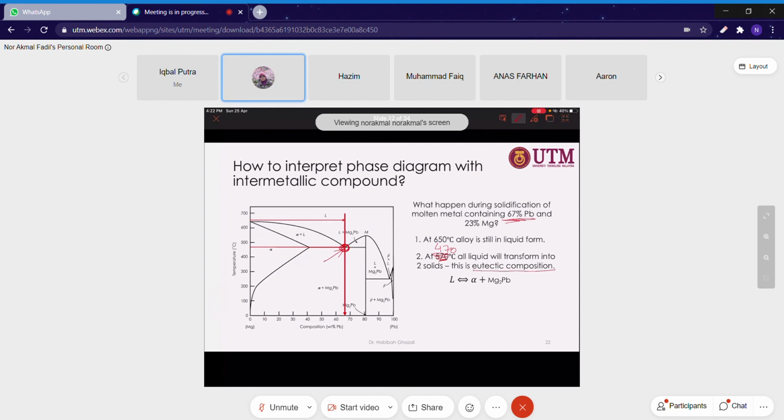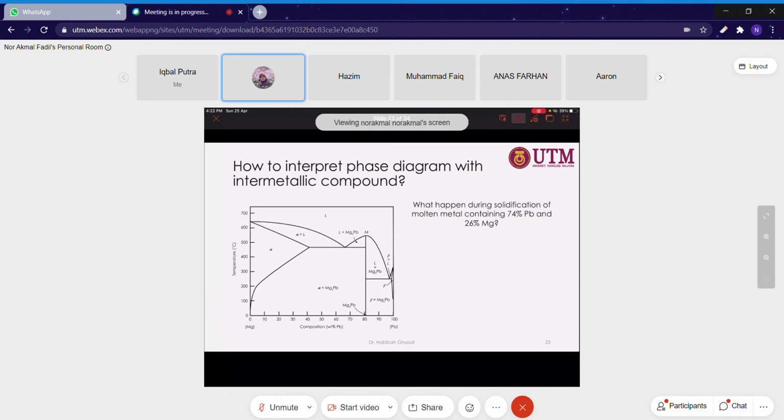Imagine it is a lamella, but inside the lamella is layer by layer of alpha and magnesium 2 plumbum. At 420 degrees Celsius, the two-phase alloy consists of magnesium-rich solid solution and the intermetallic compound magnesium 2 plumbum.